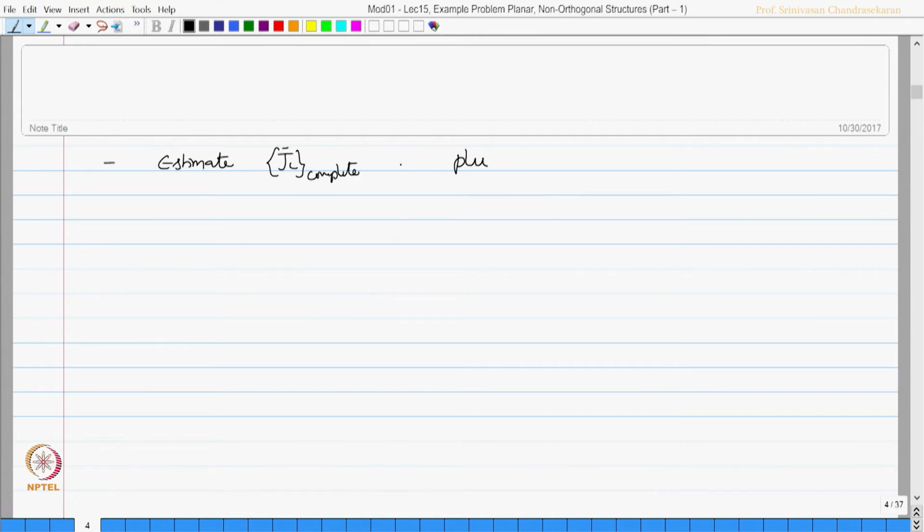From this, pluck out the joint load vector of the unrestrained degrees from the global joint load vector. Then use this equation: delta bar global will be equal to K UU global inverse of JLU global. You get delta bar unrestrained.